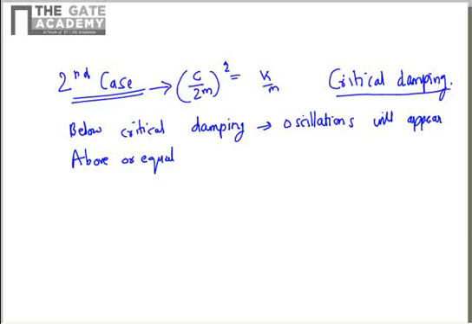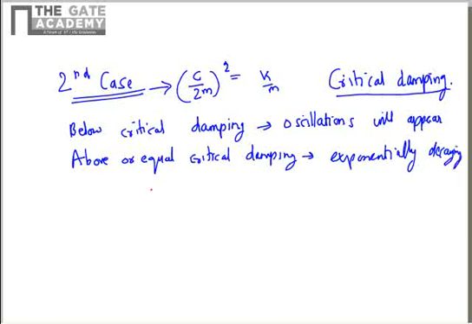Below the critical damping, oscillation will appear, and above or equal to the critical damping, the displacement will be an exponentially decaying function. That's why this is an interesting topic that you should consider in damped systems: what is the damping ratio. So we will determine the critical damping constant, that is C.